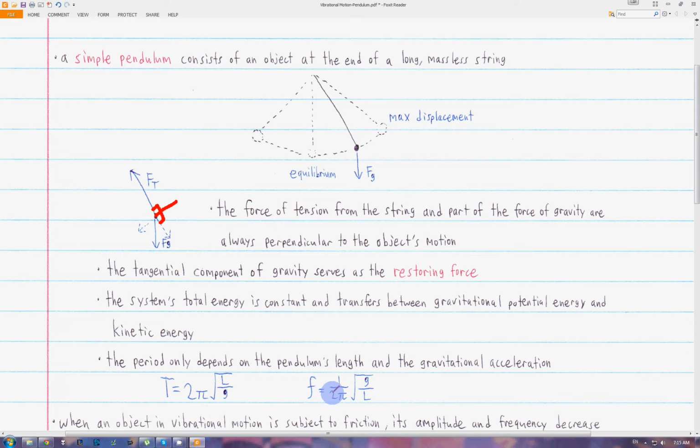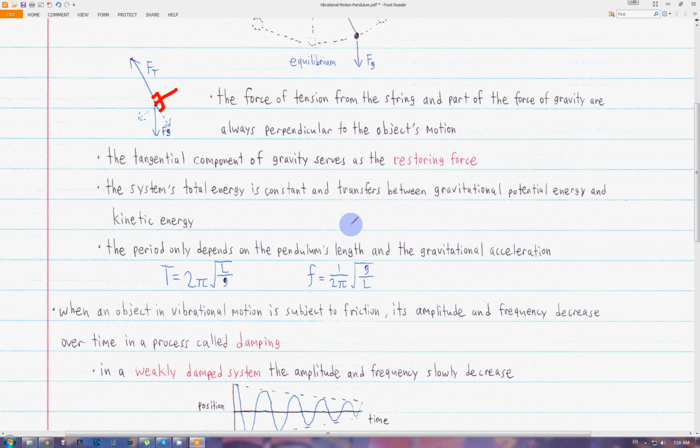So again, this expression makes sense because if the gravitational acceleration is higher, then there's more gravity, so the object swings down faster from the max displacement to the equilibrium position. So since it swings down faster, the frequency should be higher. Whereas if the length of the string is longer, then it makes sense that the frequency would be lower.